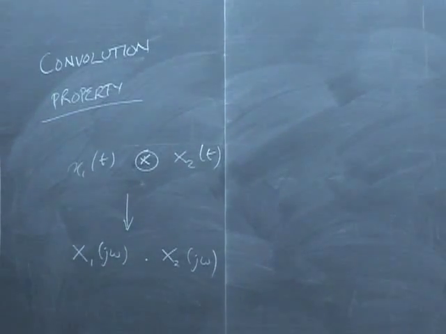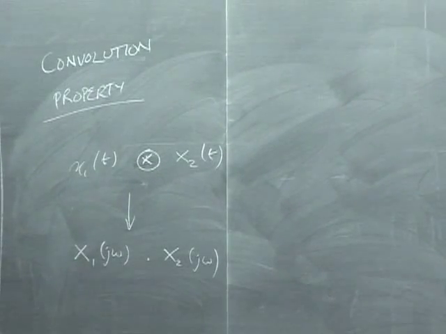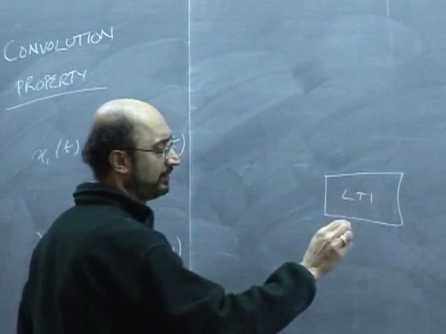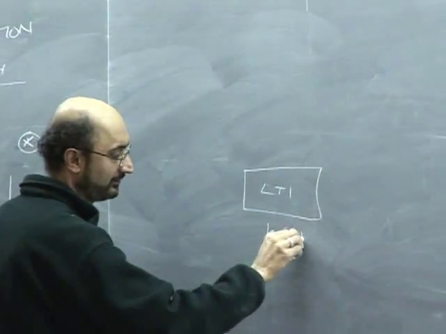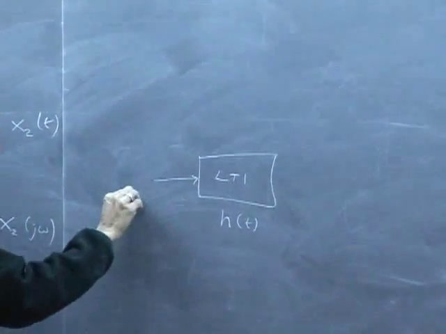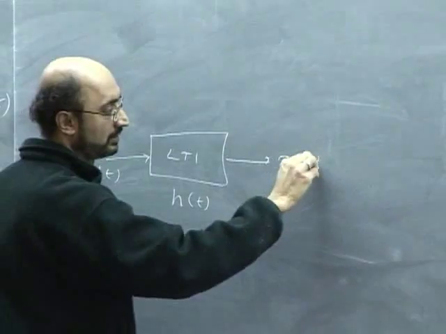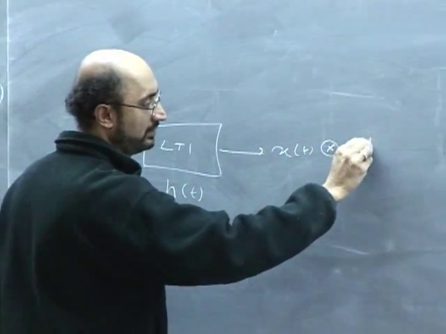And so what this means is that I can take the input to an LTI system. I have some LTI system which has some impulse response h of t, and it has some input x of t, and the output is going to be x of t convolved with h of t.